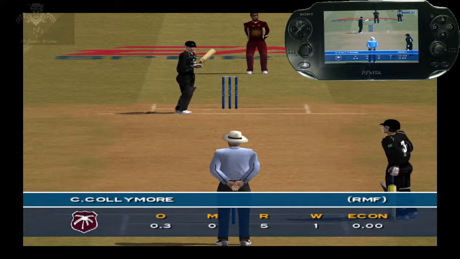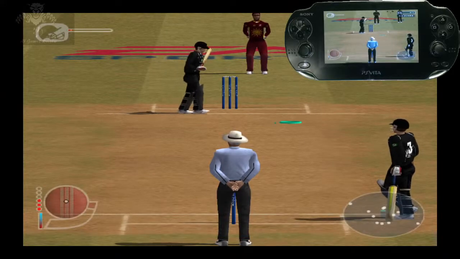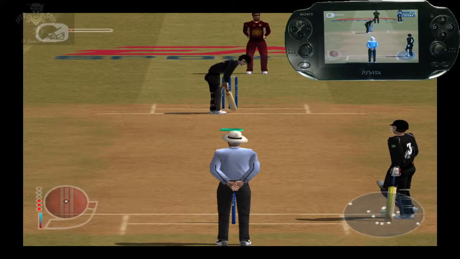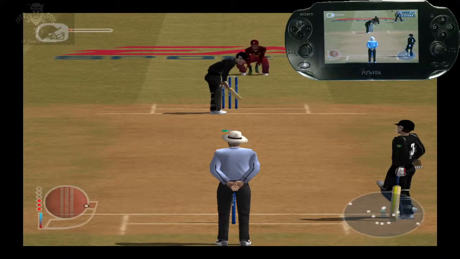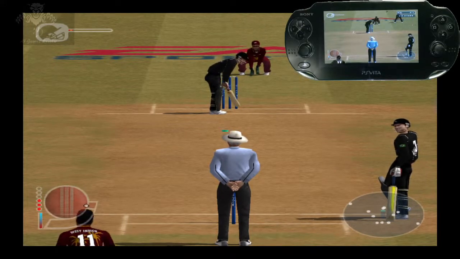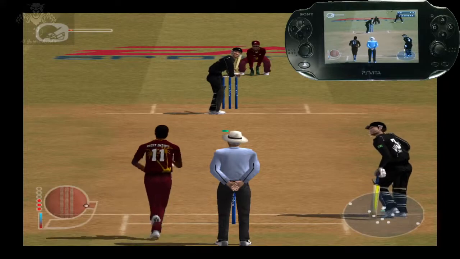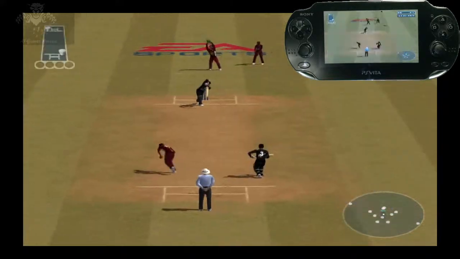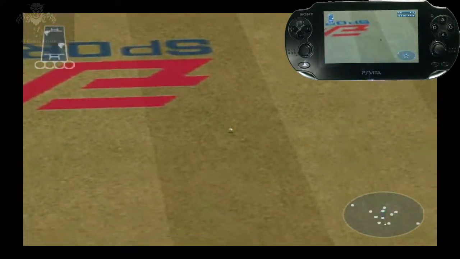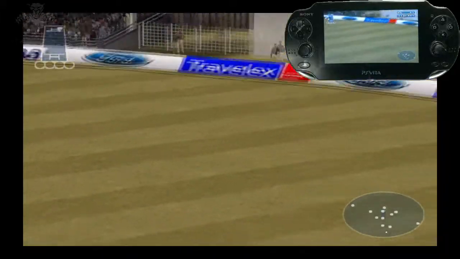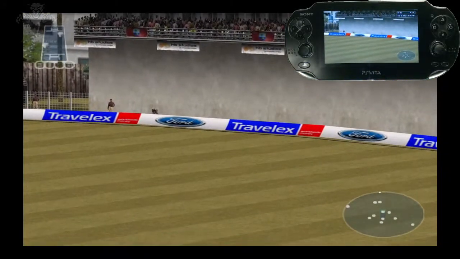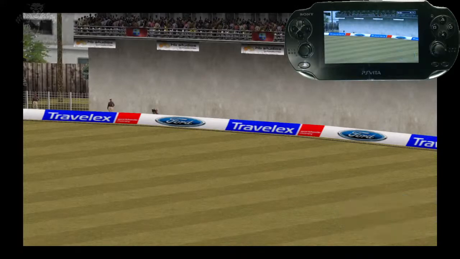Fleming waiting at the striker's end. That's racing away for another 4 to Fleming. Super shot by Fleming. That's not the right line to bowl to this batsman. He'll punish anything there.